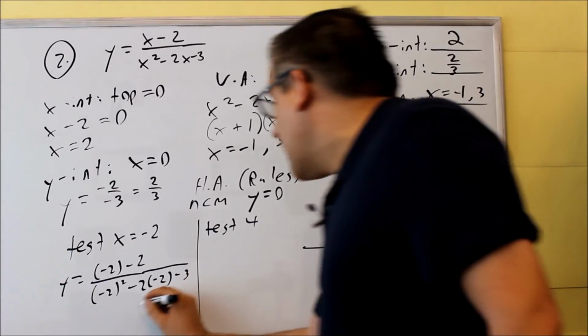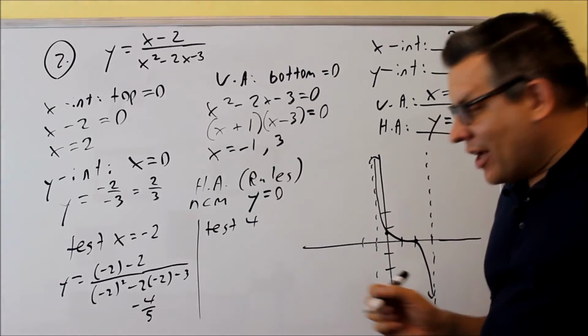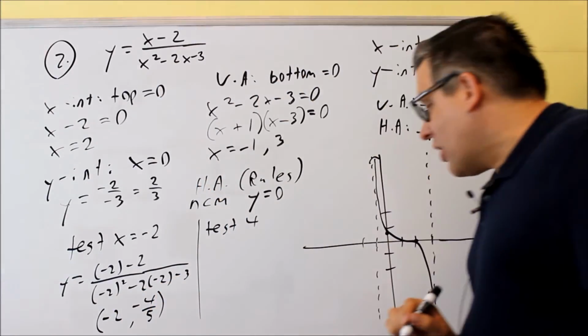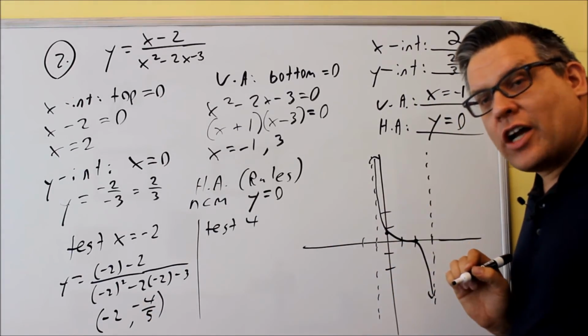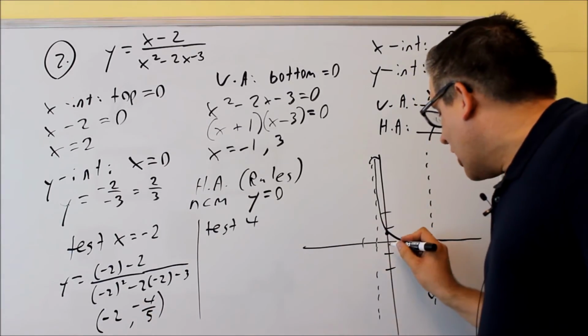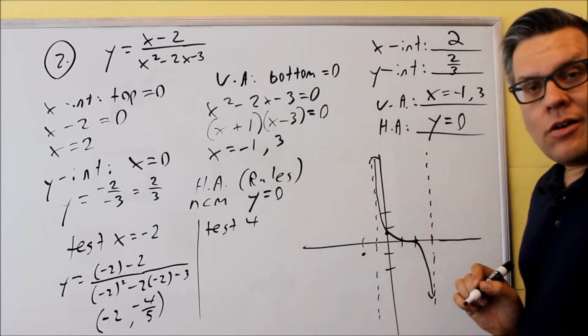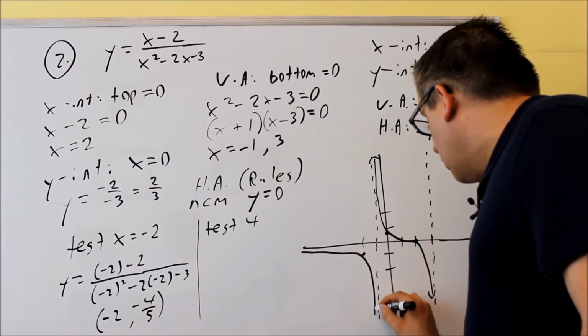So I get -4/5 as the y value. Now, as a coordinate, you can write it like this: -2 and -4/5 would be an actual point on the line itself. So here, if I go -2 and -4/5, that's about right there. So what that tells me is that the graph is going to have to be below like this.